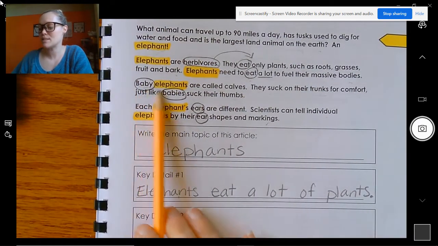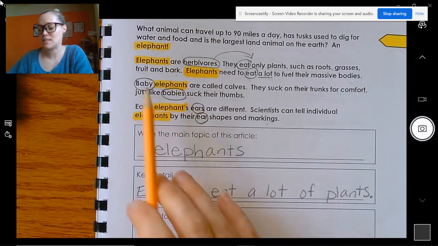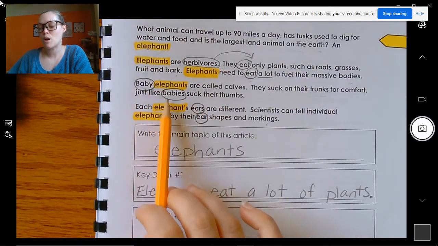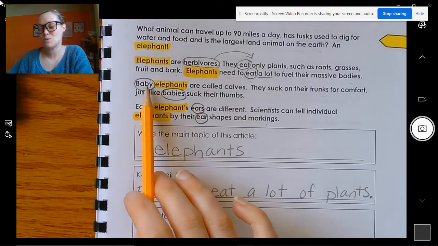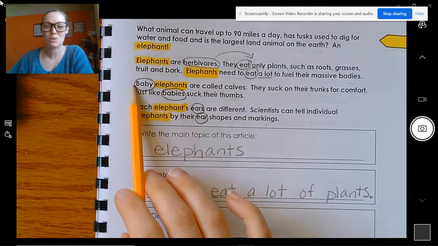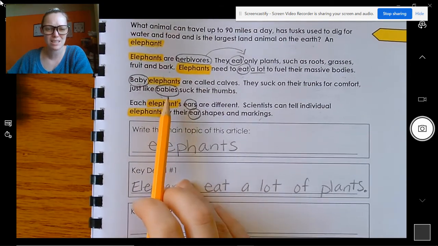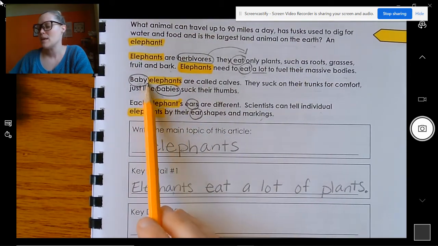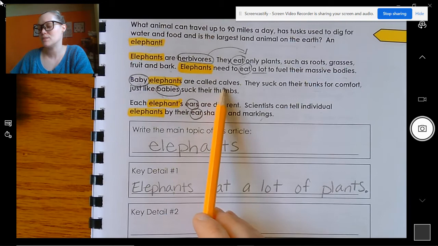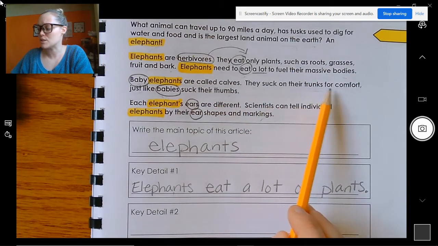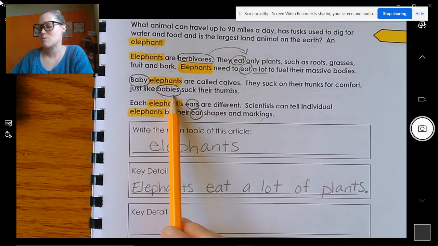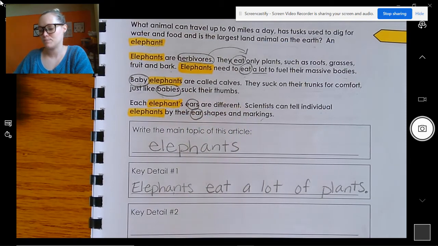Now let's keep reading for our second key detail. And remember, we already noticed that this said baby and babies, so it's probably going to be about baby elephants. So thinking about what's the key detail here that we could write. Baby elephants are called calves. They suck on their trunks for comfort, just like babies suck their thumbs.